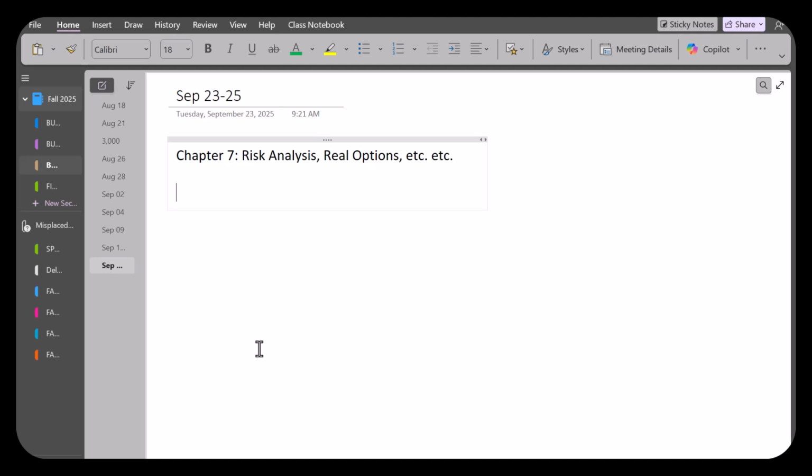This chapter is about once we get our numbers, all the project cash flows, we calculate our NPVs, other criteria, then we're going to think about, well, I got this number.